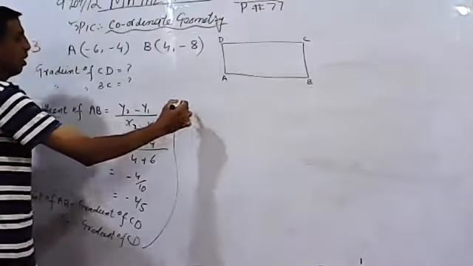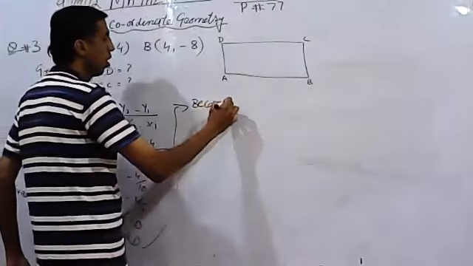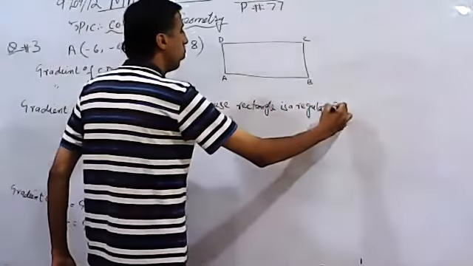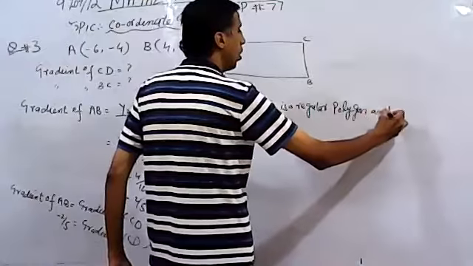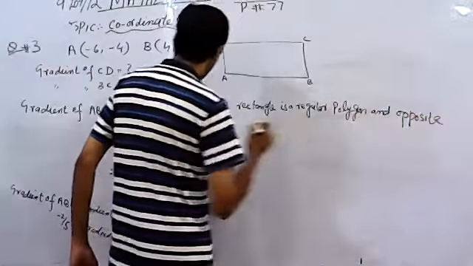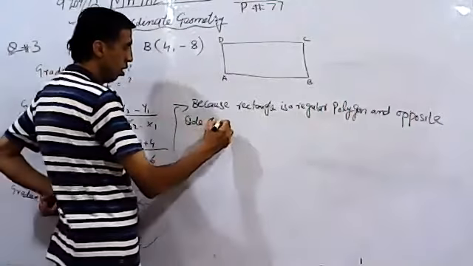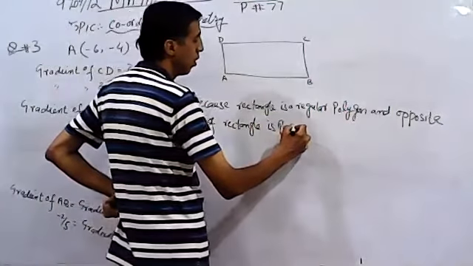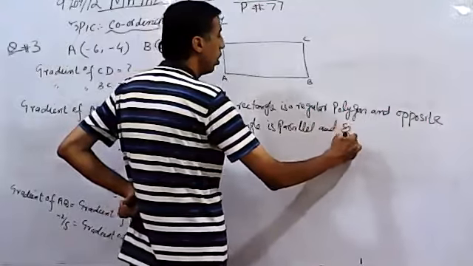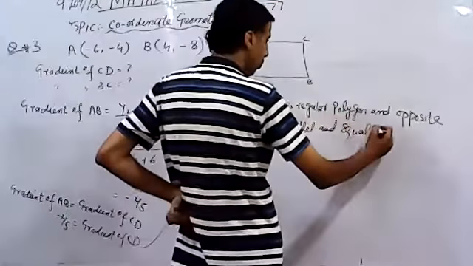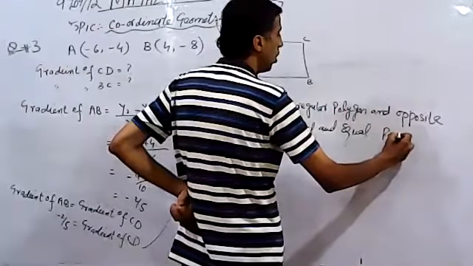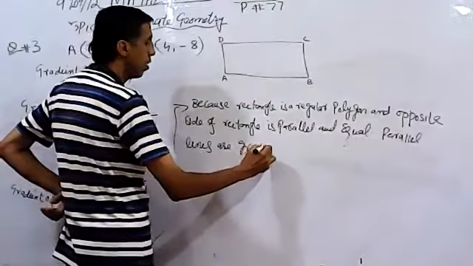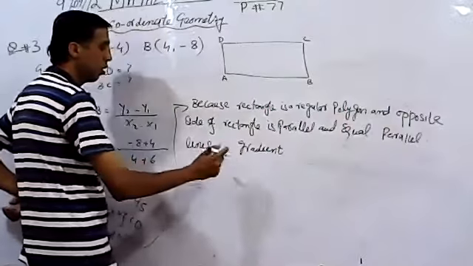We have to give the reason: because rectangle is a regular polygon and opposite sides of a rectangle are parallel and equal, and parallel lines have the same gradient.